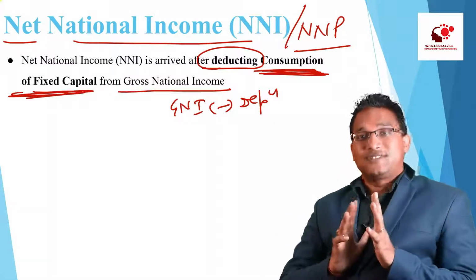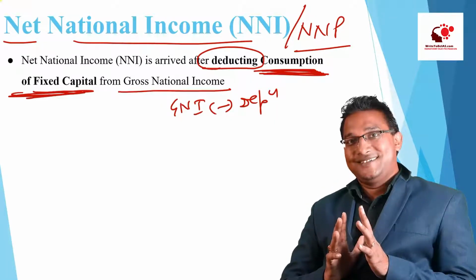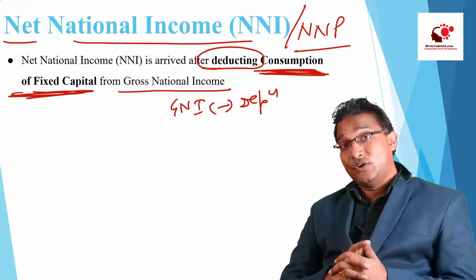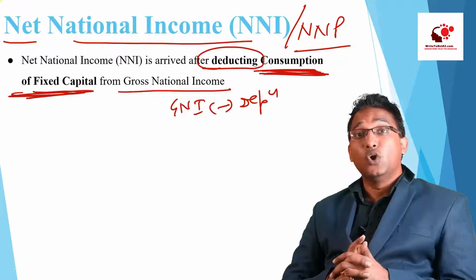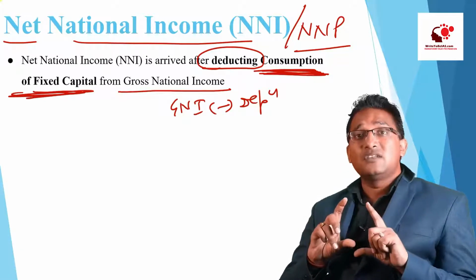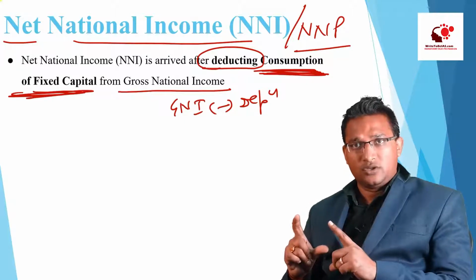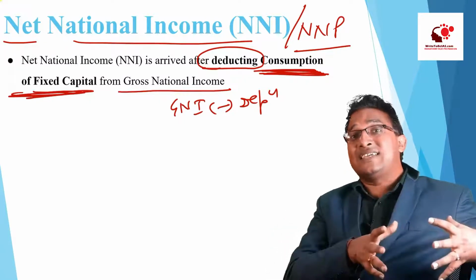And why do we reduce this depreciation from the GNP or GNI? This is reduced because this depreciation basically reflects the amount that is being used to maintain the existing assets.